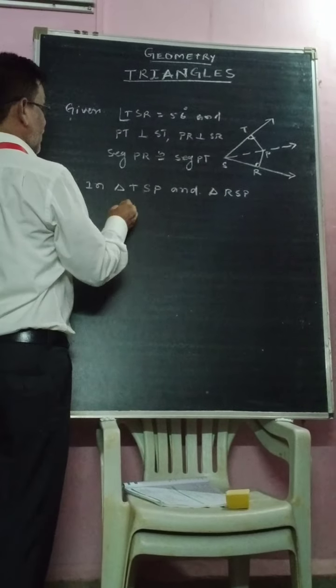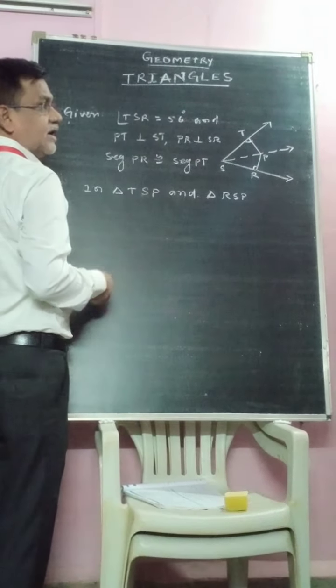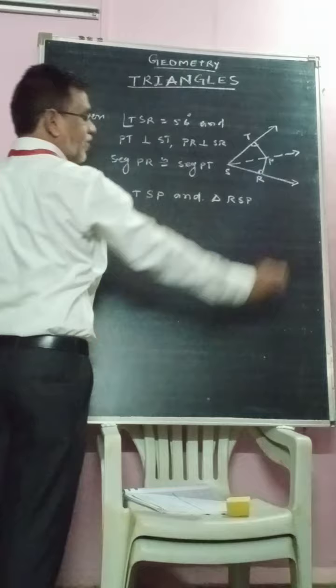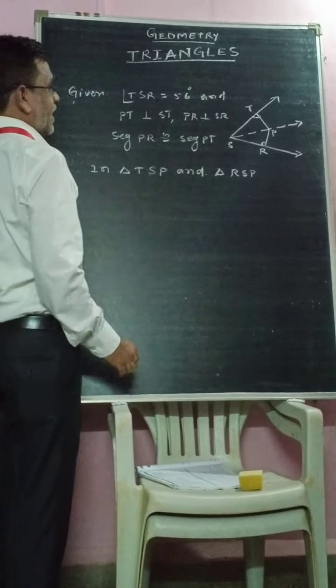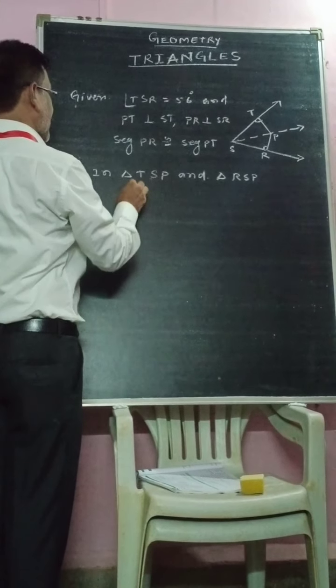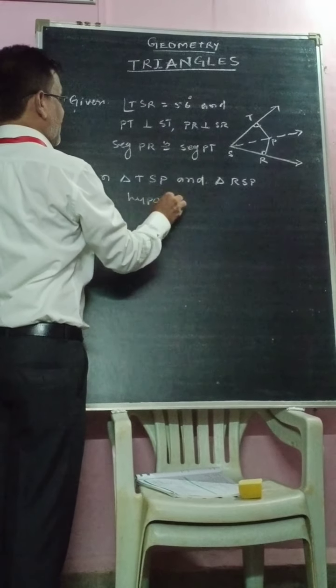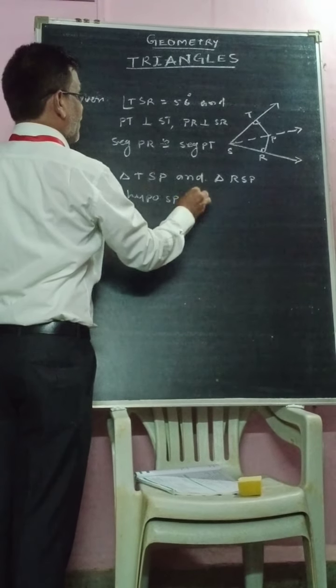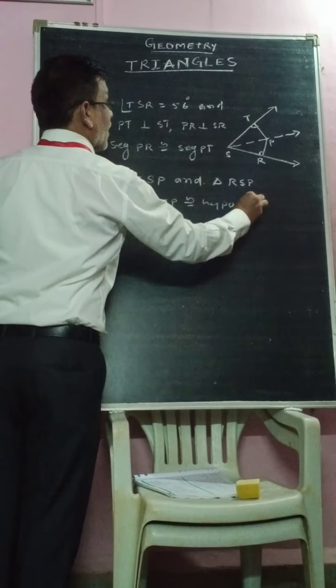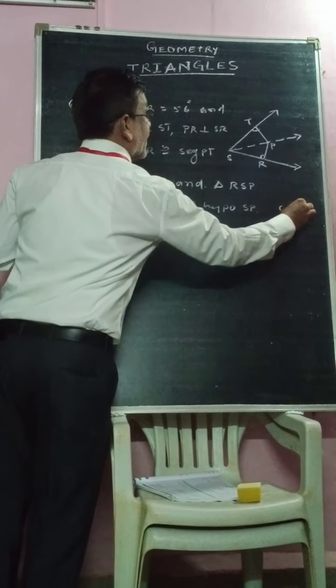What do we know? Both are right angle triangles, because these two angles are 90. SP is the hypotenuse of both triangles. So hypotenuse SP is congruent to hypotenuse SP, reason is common side.